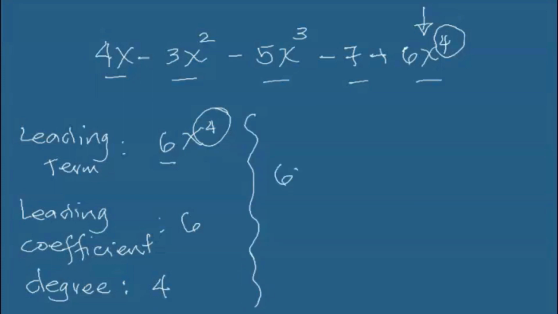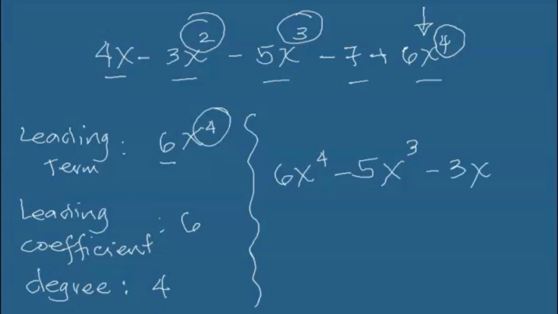So we have 6x to the 4th, and then next one will be the third power, so minus 5x cubed, and then next is second power, so minus 3x squared, plus this, the exponent of x here is 1, plus 4x, and then our last term, the constant, minus 7.